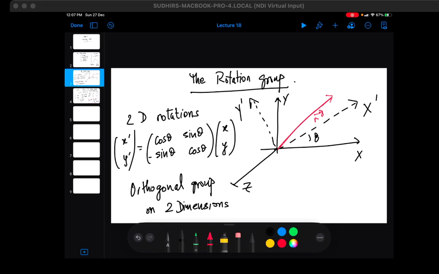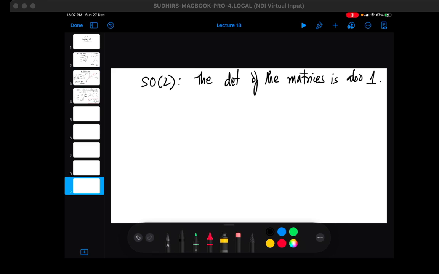What remains constant is the length of the vector. How did you end up having an orthogonal group? It is also because the length of the vector remains constant. So what happens is, if the length of the vector is r transpose r, this is equivalent to r prime transpose r prime.